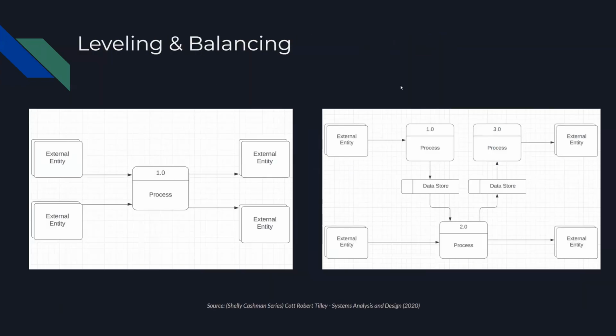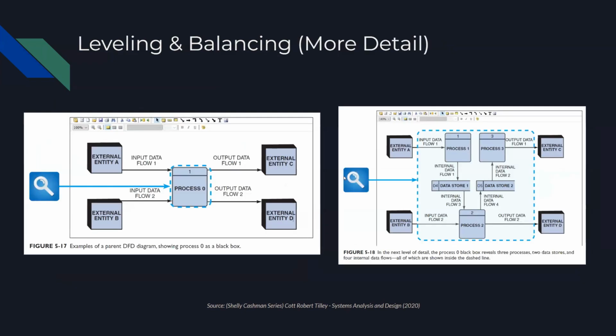Now moving on to leveling and balancing. On the left, leveling, and on the right, balancing. And this can be sort of confused at times. But this is the basic example that I took inspiration from in my textbook. And these are the images that I got from my textbook that are more detailed and easier to explain with the arrows and the underlined box.